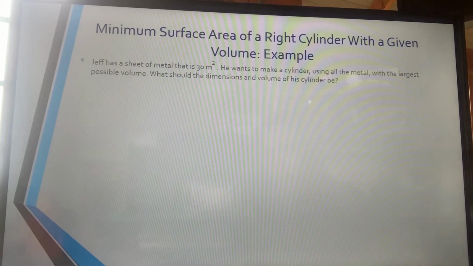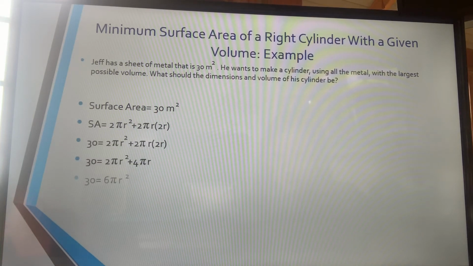Example. Jeff has a sheet of metal that is 30 meters squared. He wants to make a cylinder using all the metal with the largest possible volume. What should the dimensions and volume of his cylinder be? First, we determine the surface area, which is 30 meters squared. Next, substitute the surface area into the equation and use inverse operations to solve for r, which equals about 1.3.